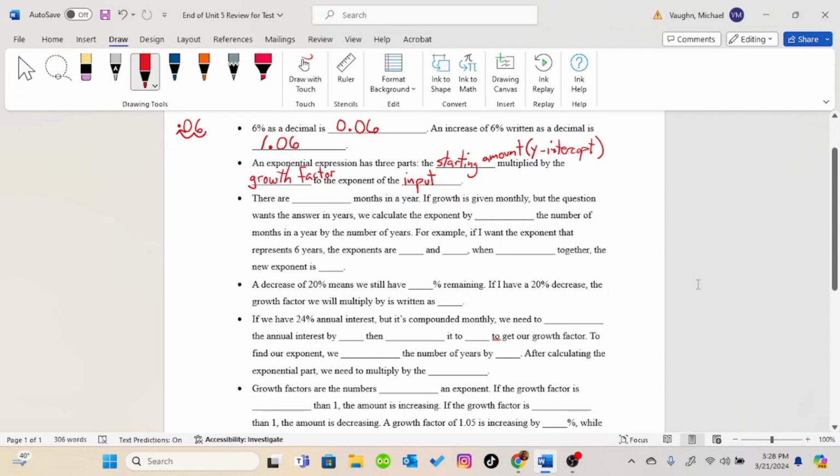Next, there are blank months in a year. It may seem simple, but you need to understand that there are 12 months in a year. Because on problems dealing with compound interest, sometimes the compounding happens annually and sometimes it happens monthly.